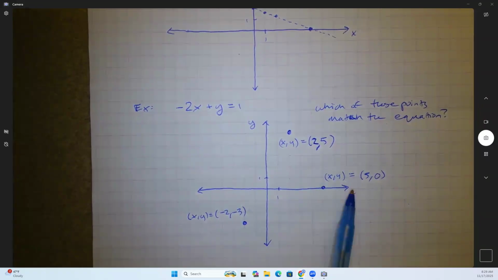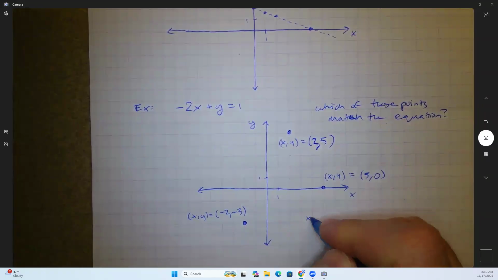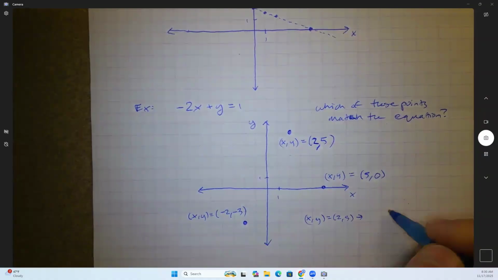And once I have those coordinate points, then I just test them in my relationship. Let's test x, y equals 2, 5. So I have -2 times 2 plus 5, which is -4 plus 5, which is 1. So that one works.